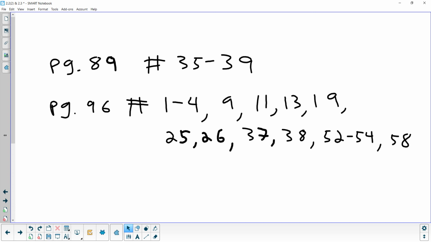That's on solving linear and quadratic equations. So tomorrow we'll take a look at that, and then we'll take a look at section 2.4. It's the plan for tomorrow.